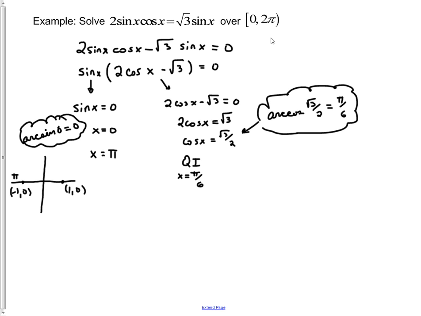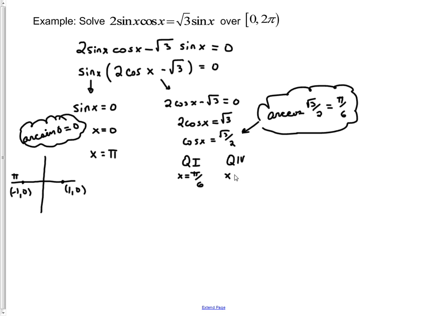But are there any others on the interval from 0 to 2 pi for which this is true? Well, our little saying, all students take calculus, means that in the fourth quadrant, we're also going to find an angle that would have a cosine equal to positive radical 3 over 2.